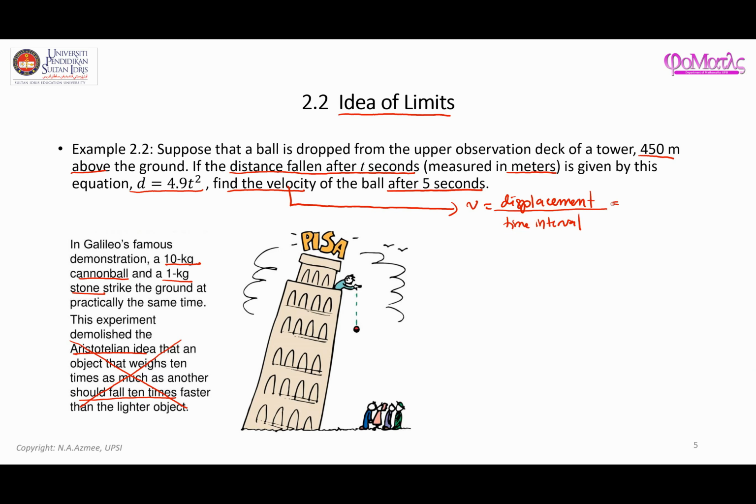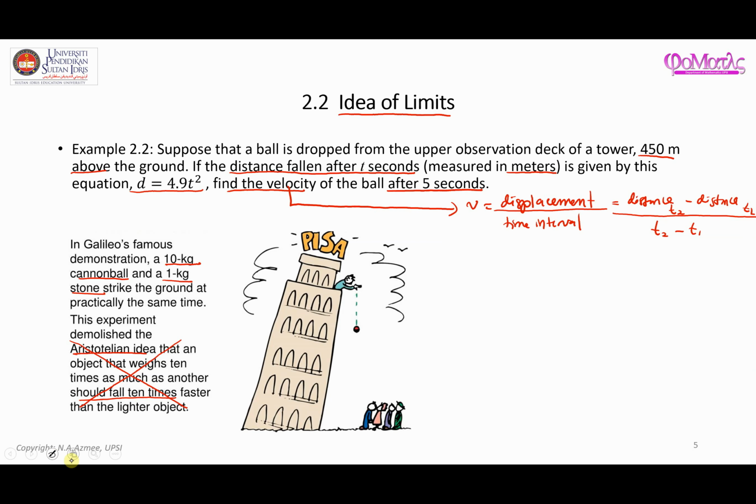In other words, we need the distance at time t2 minus the distance at time t1, over the difference of time, which is t2 minus t1.